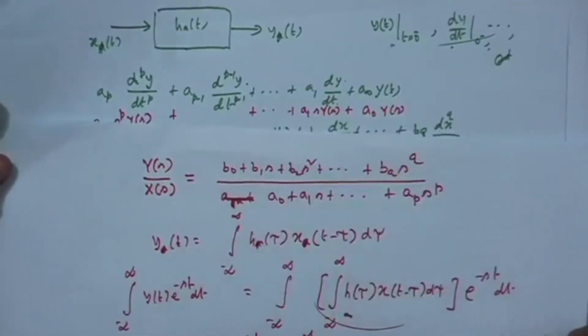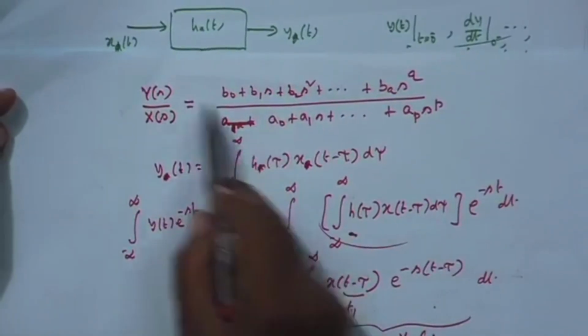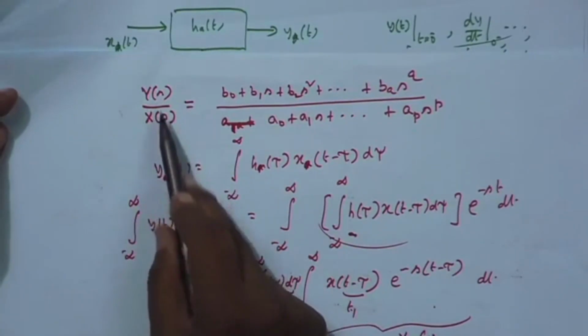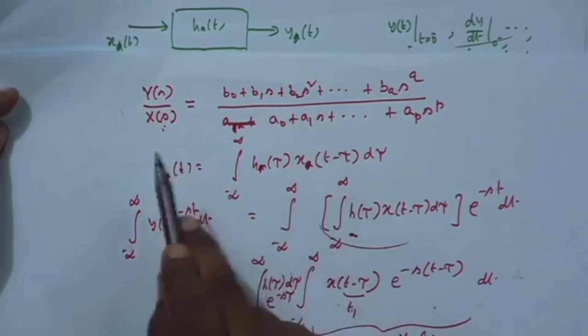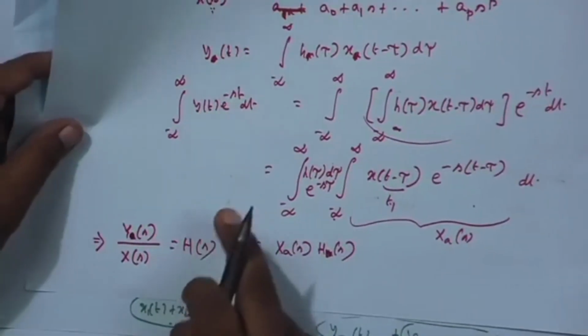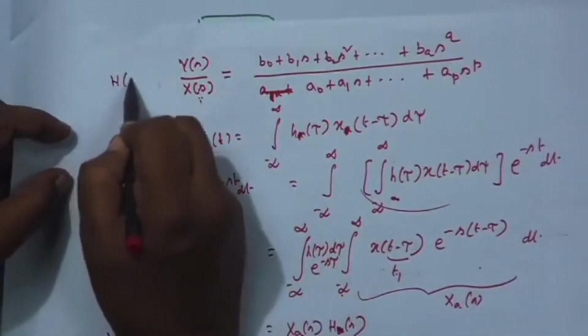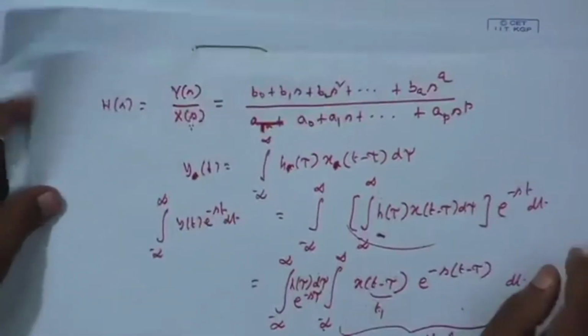Now, for the differential equation based model, which I call the rational model, under zero initial condition we got this ratio Y(s) by X(s) equal to this, but under zero initial condition the system also becomes linear and time invariant. In that case, Y(s) by X(s) is also equal to H(s). H(s) is the Laplace transform of the analog impulse response, and this is called the transfer function.